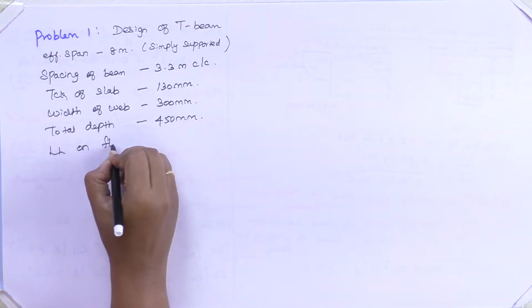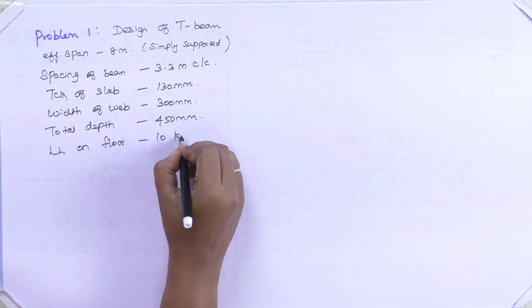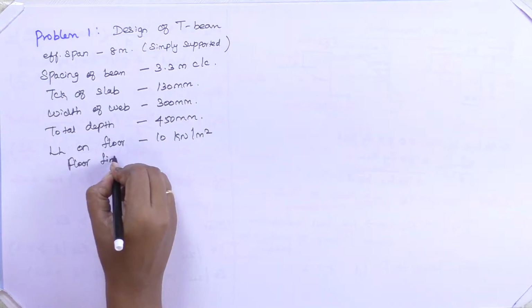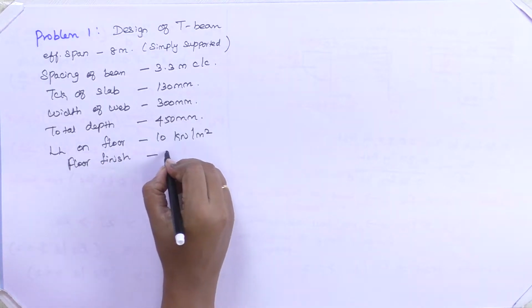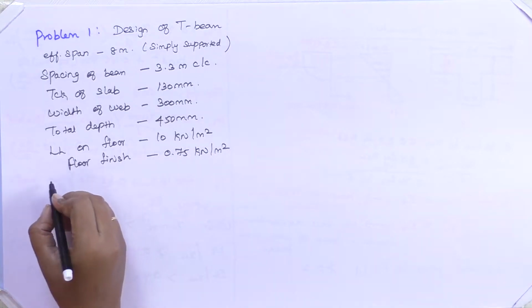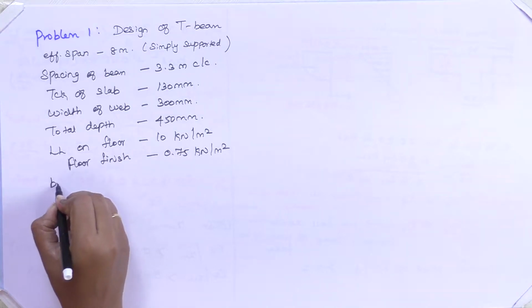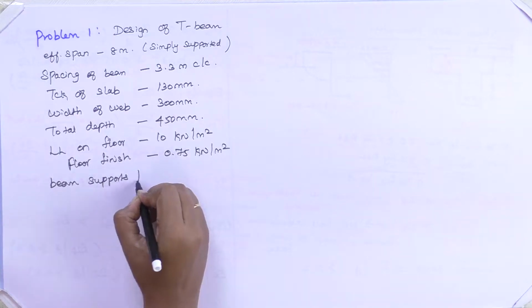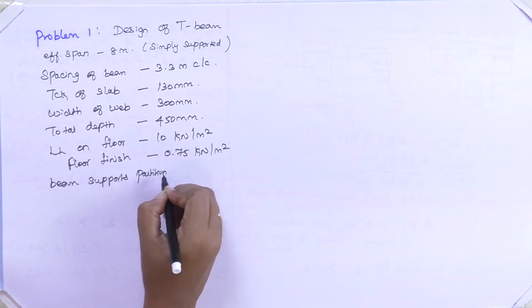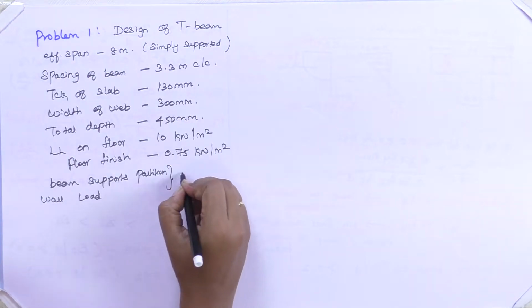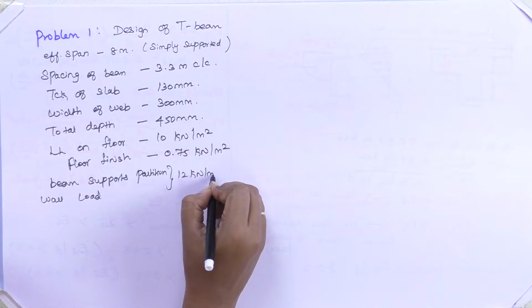Live load on floor is 10 kilonewton per meter square, floor finish is 0.75 kilonewton per meter square. The beam supports a partition wall load of 12 kilonewton per meter run.